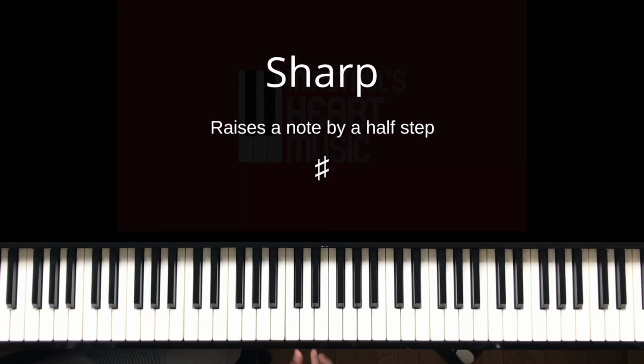So how does that look on the piano? Starting from C, if I want to sharp C or sharpen C, I move up by 1 half step, which is this note. So we can call this note C sharp.